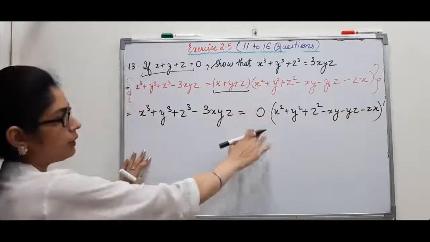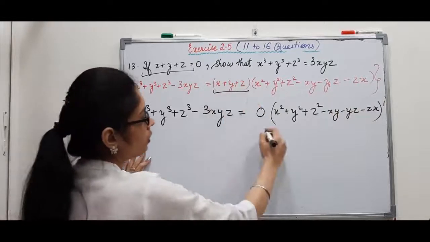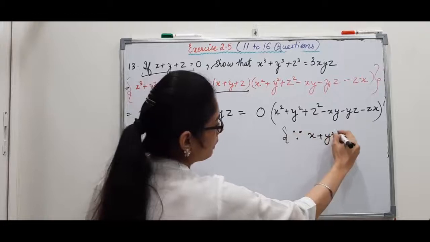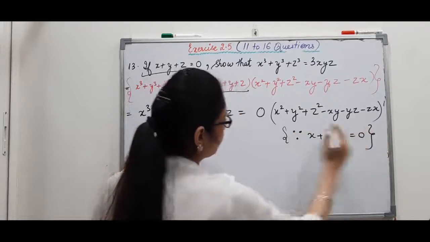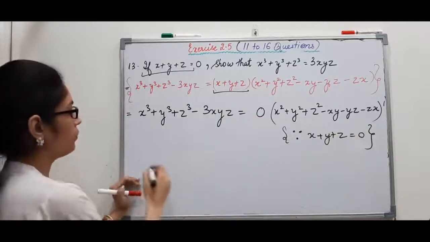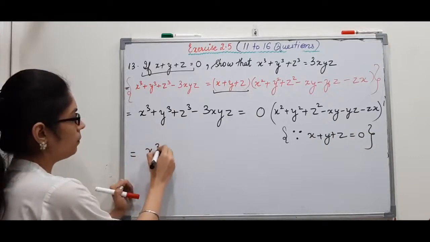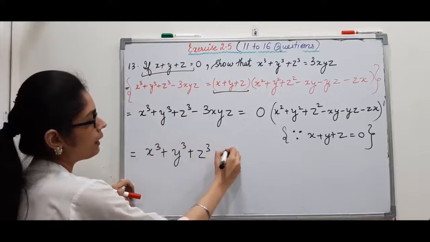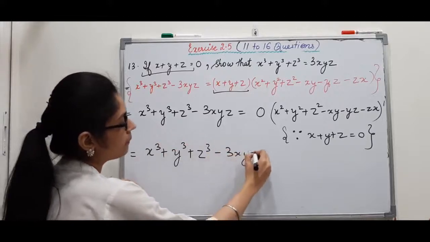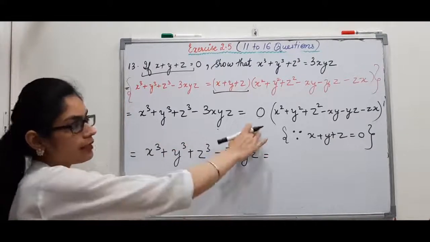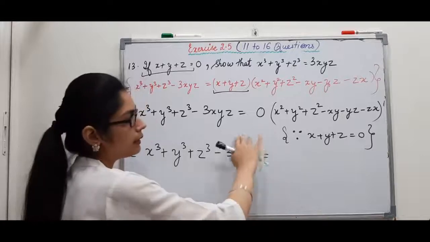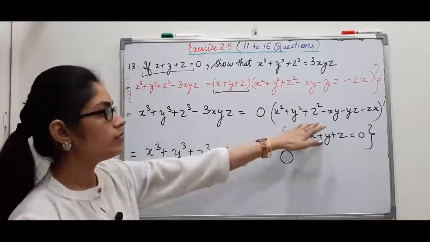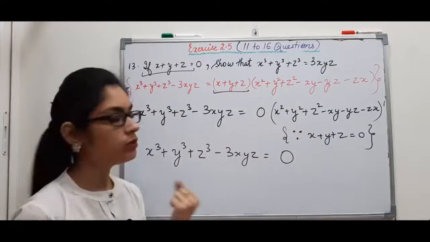Here you can mention, because x plus y plus z equals 0, that's why we have written 0 over here. Anything multiplied with 0 is equal to 0. So 0 into this term will be equal to 0.